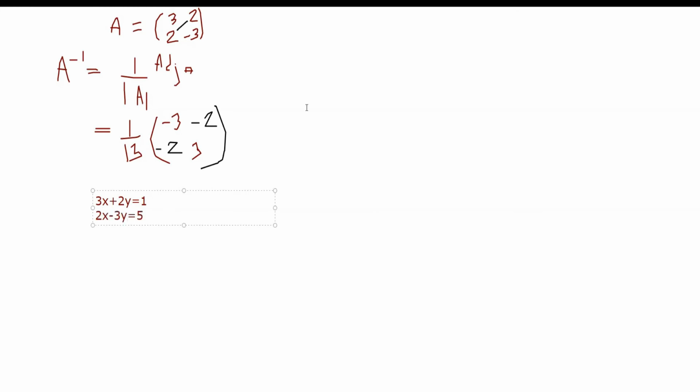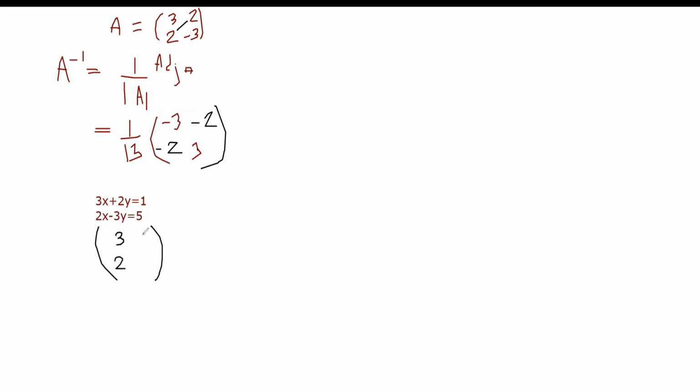When it says solve using a matrix method or using A inverse, what we have to do is write this in matrix form. You write down the coefficients of x and y in matrix form, always trying to write it in the form AX equals B. In the first column we put the coefficients of x, 3 and 2.